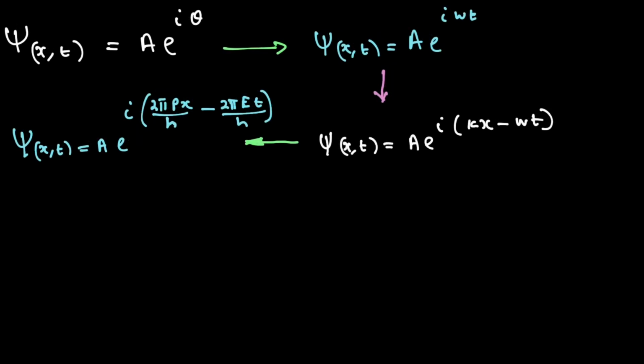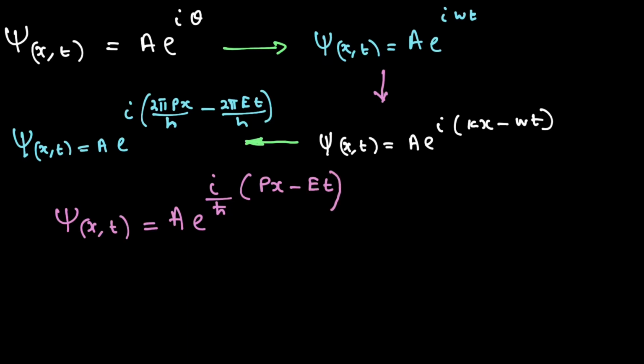So now I can write the new equation as psi x t equal to a constant e to the i over h bar, open bracket, px minus et. So this is the new format that we need to put this equation into. So what I'm going to do is just draw the arrow there.